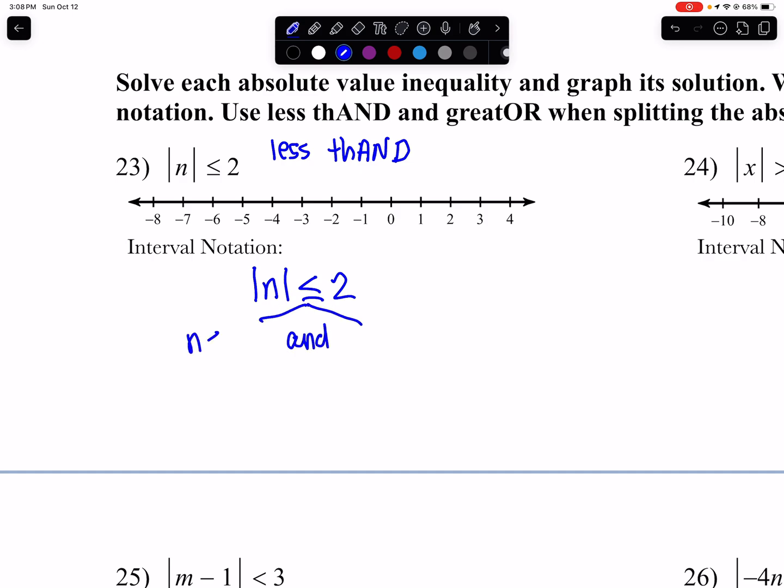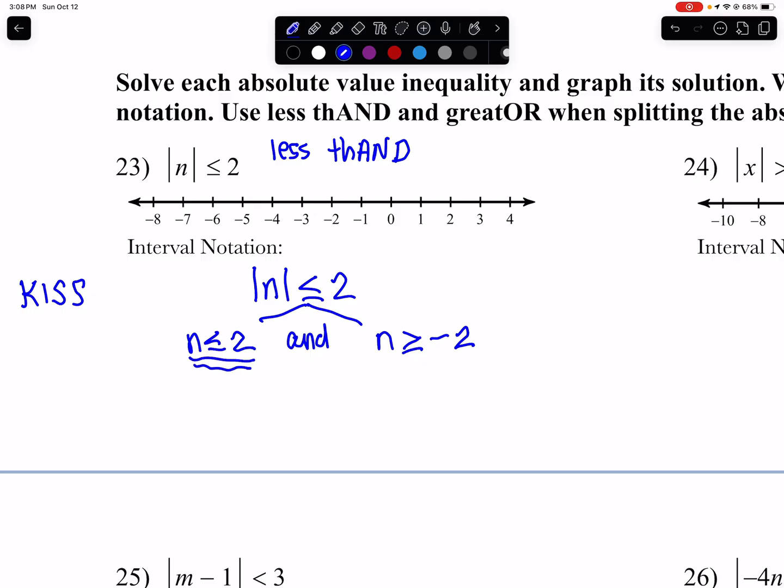So we get this and flip the sign, flip the sign. So we use the saying KISS, keep it, switch, switch. It's an okay thing to remember.